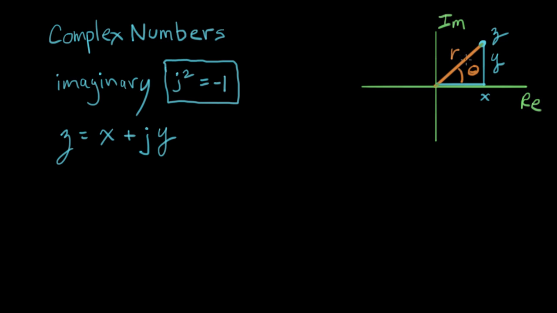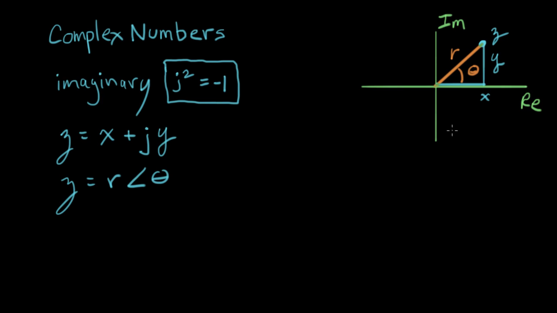So in the orange is r and theta, and in the blue we have x and y, and those are two different ways to represent exactly the same number z. Over here I can say z equals r at an angle theta.